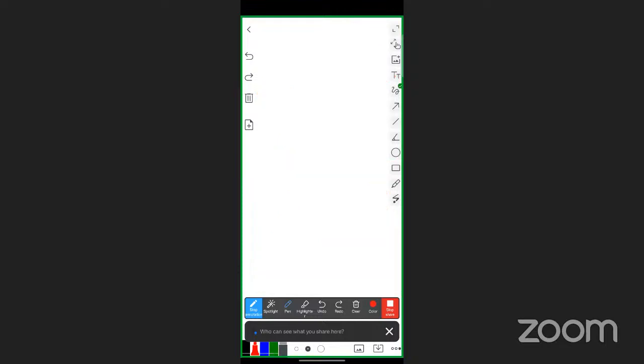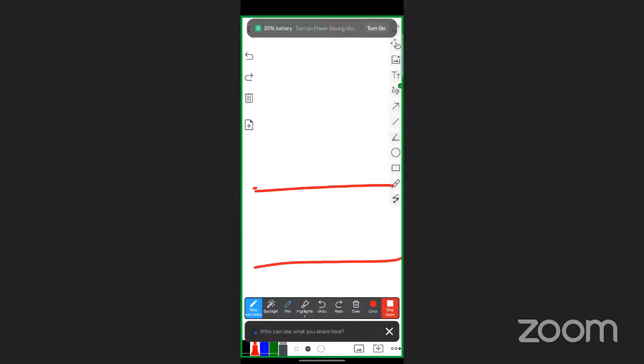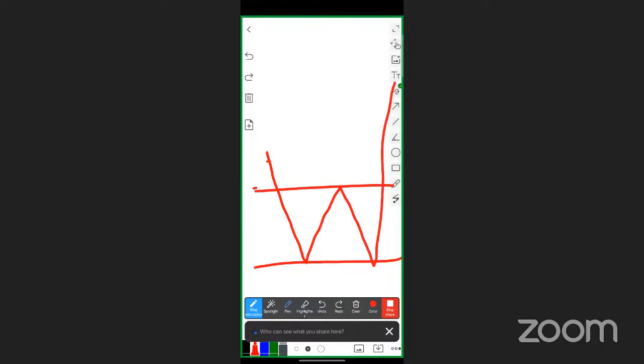Now, we have what we call double bottoms. The market comes from above, touches the line, goes up, touches the line. We expect it to continue in the upward direction.